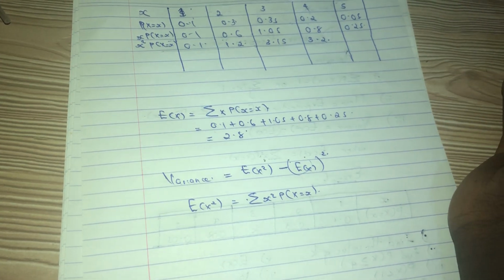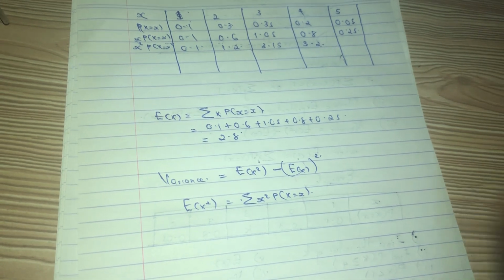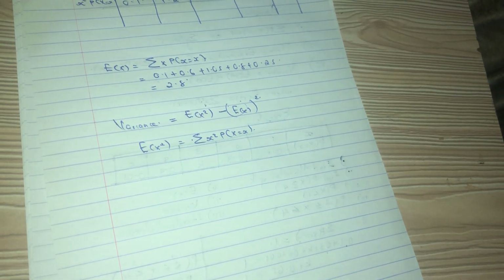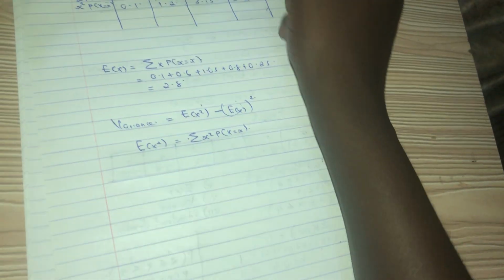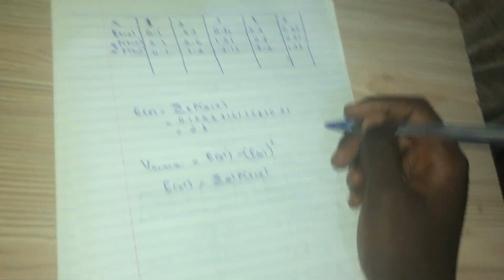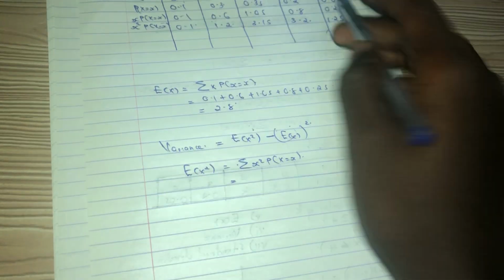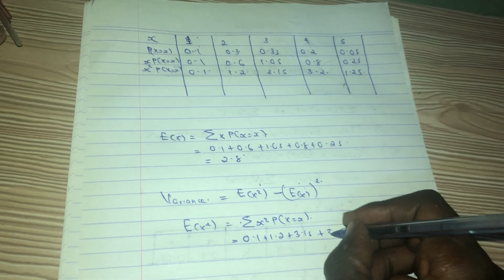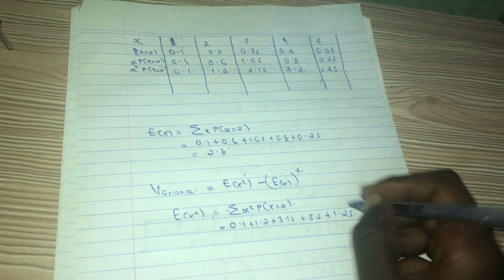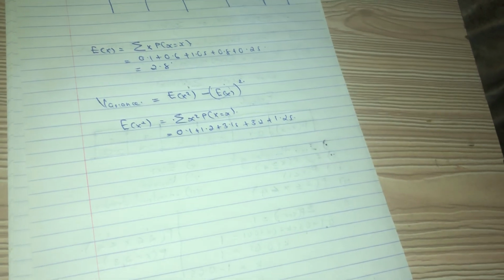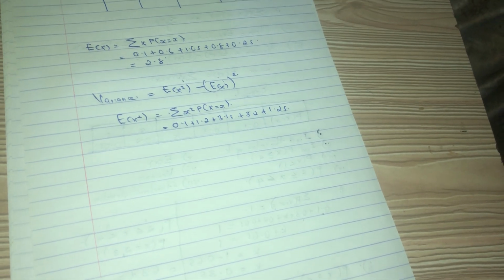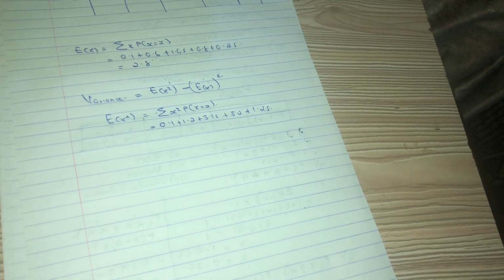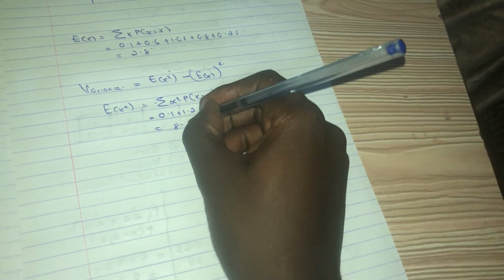Then 5 squared is 25, 25 times 0.05 gives 1.25. To get this, we add all of these: 0.1 plus 1.2 plus 3.15 plus 3.2 plus 1.25, and our answer is 8.8.